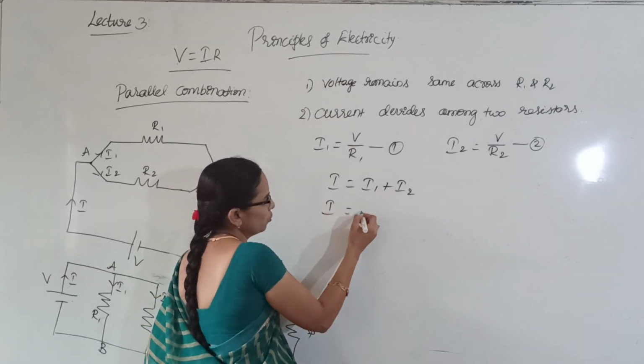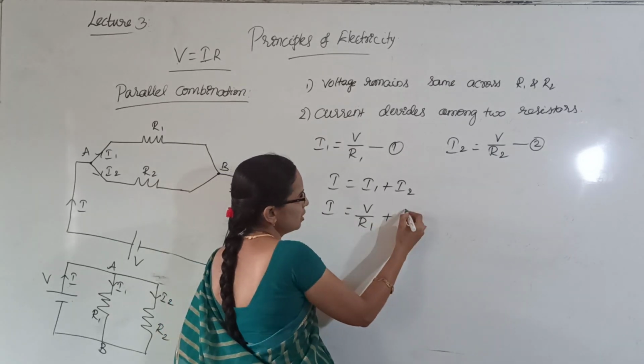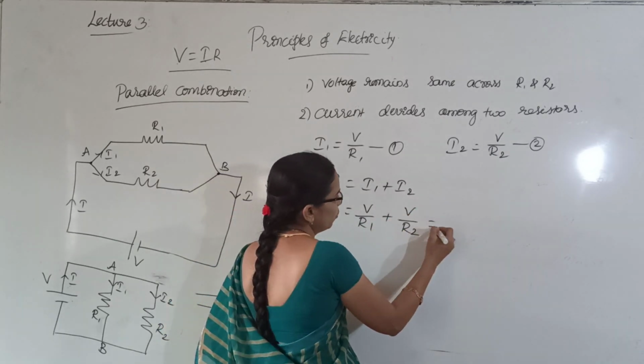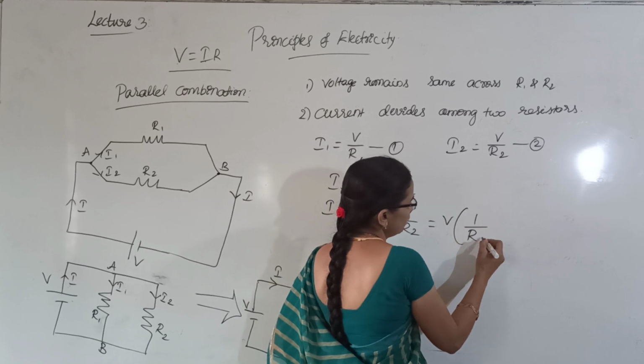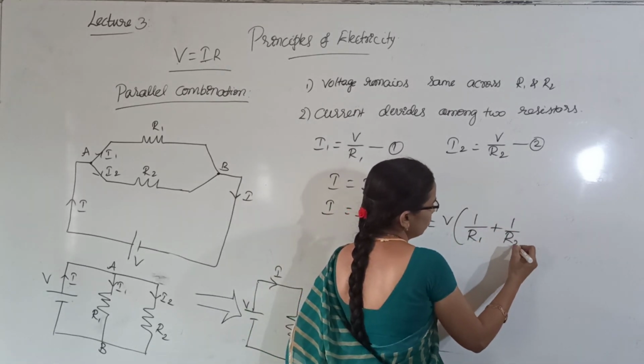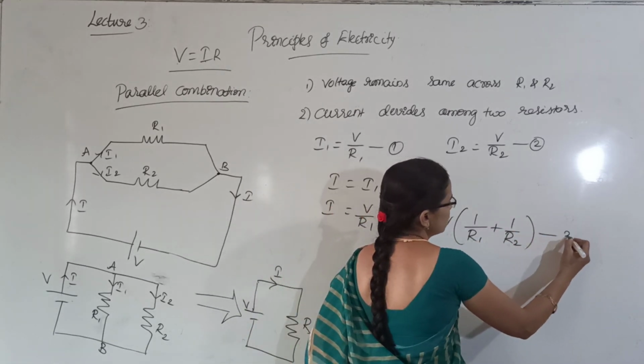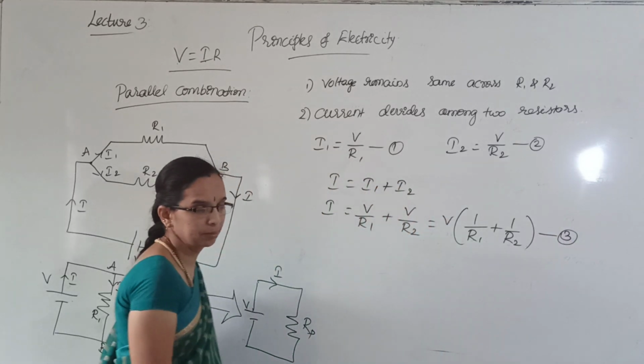So I is equal to V by R1 plus V by R2, which can also be written as (1 by R1 plus 1 by R2) times V. Call this equation number 3.